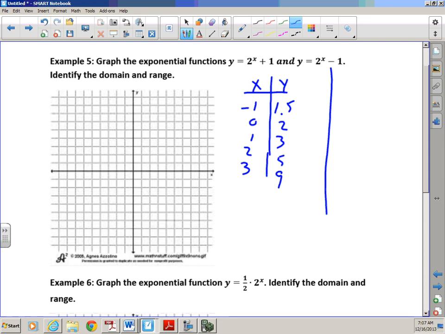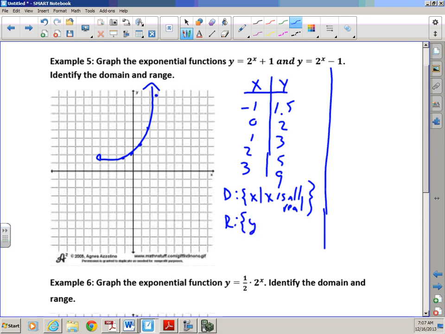Okay? So negative 1, 1.5, 0, 2, 1, 3, 2, 5, 3, 9. So it's going to look something like that. Your domain, x is all real.